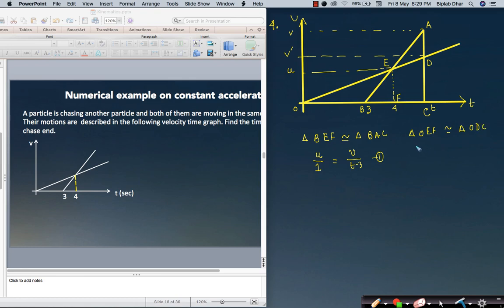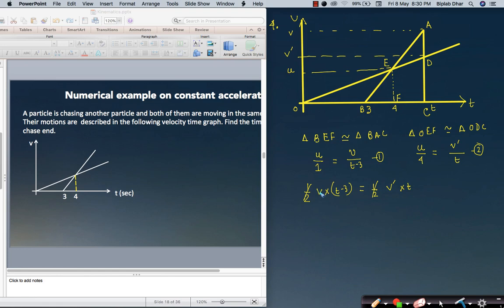What I can say is that U divided by 4 is equal to V prime divided by T. Okay, this is the second equation. And the areas of the triangles are the same. So I can say half into V into T minus 3 should be equal to half into V prime into T.